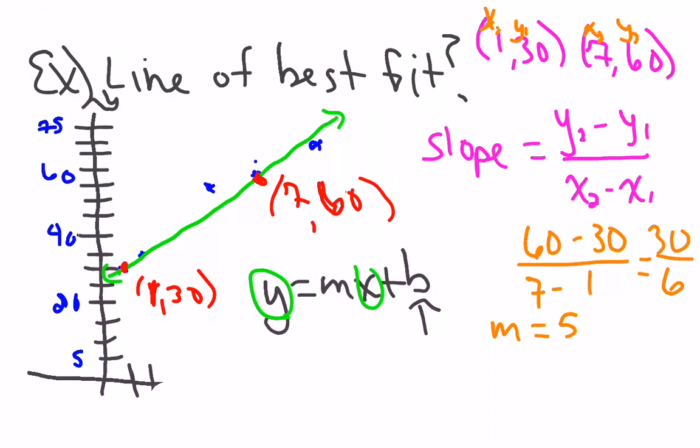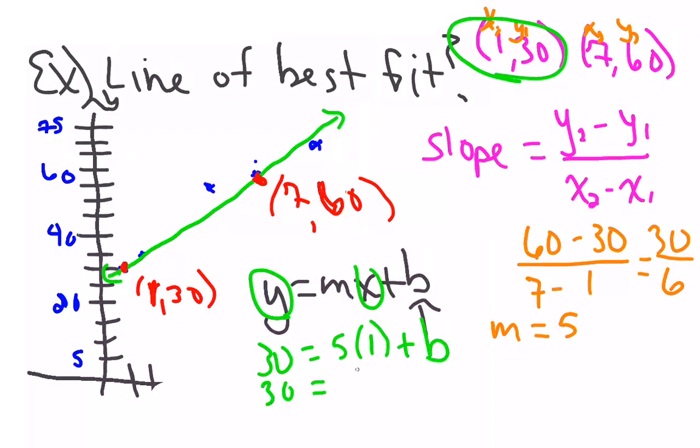So if I plug one of our points in for x and y in here and our m, we can solve for b. So I'm going to use that first one there. So we have 30 equals 5 times 1 plus b. So we have 30 equals 5 plus b. Now we want to solve for b, so we're going to subtract 5 from both sides. And 30 minus 5 is 25.